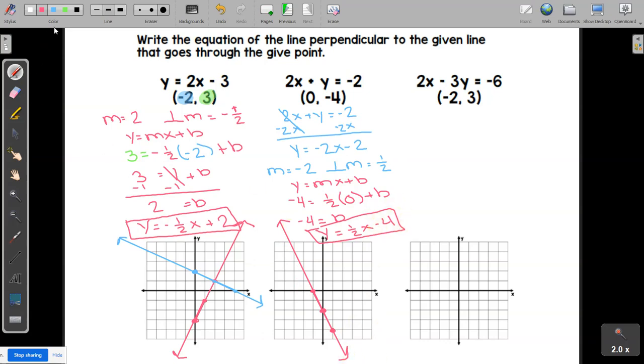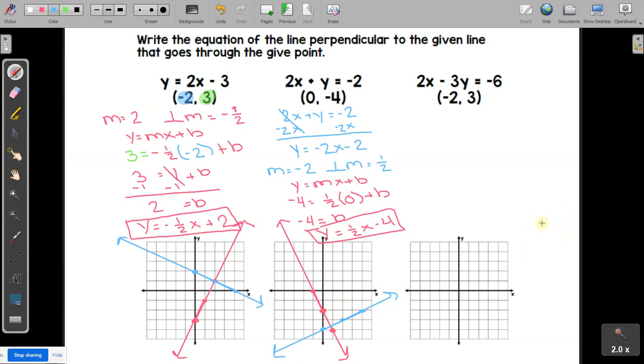We're going to start at negative 4. Then we're going to go up 1 to the right 2. Up 1 to the right 2. And we're going to draw that line. And these two lines are perpendicular to each other. They're going to hit right at a 90-degree angle.